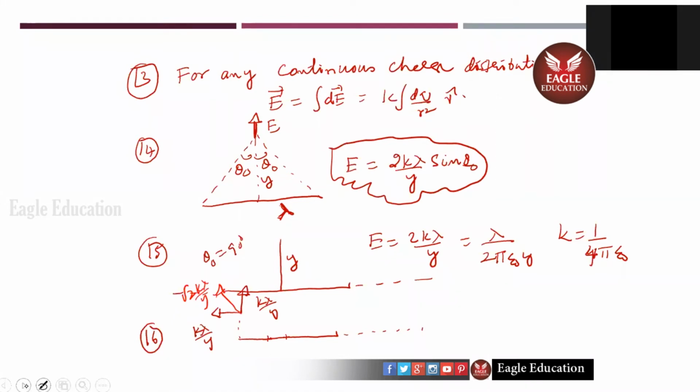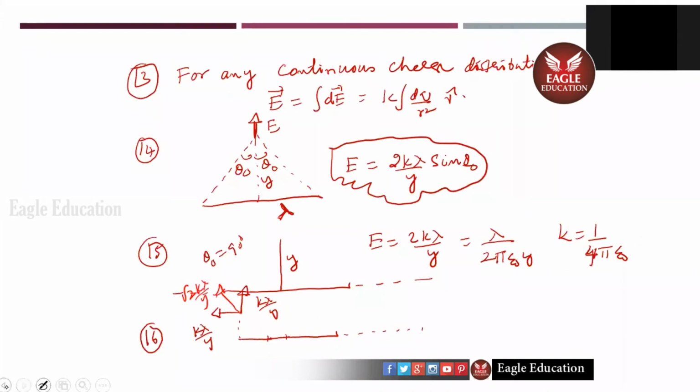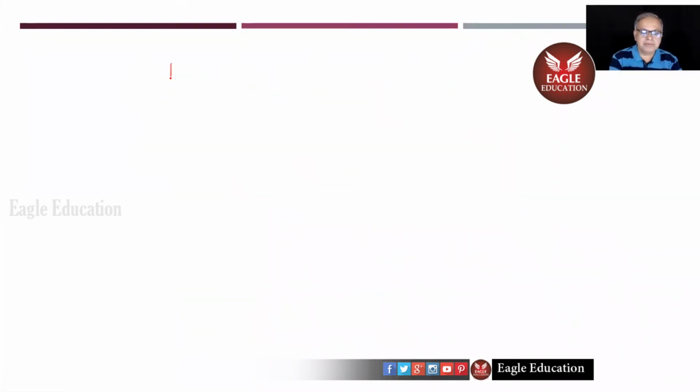Yes, sir. From 16, 17. Have a finite line charge like this, lambda, but at this point, this is y, this is theta 1, this is theta 2.